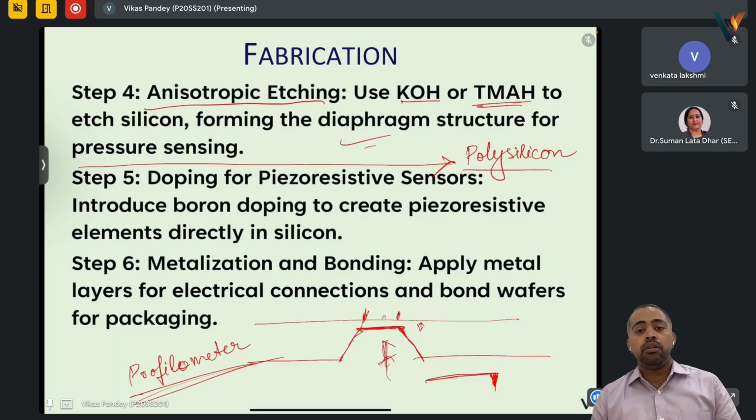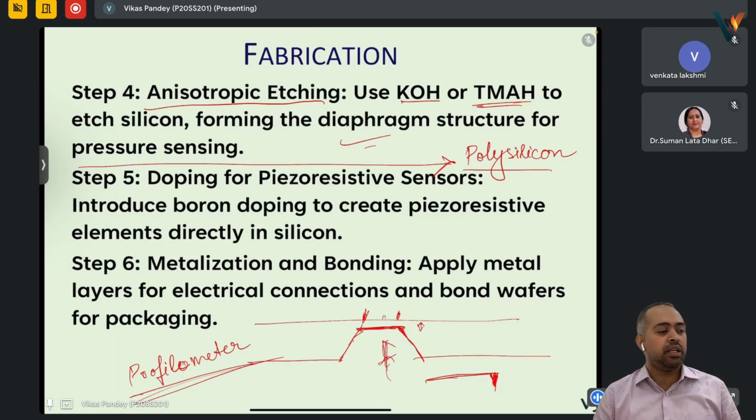But metals have the problem that during stress and strain, they might break out, they will chip out. Another problem is that most metals try to diffuse through silicon dioxide and these things. There are a lot of problems due to this.